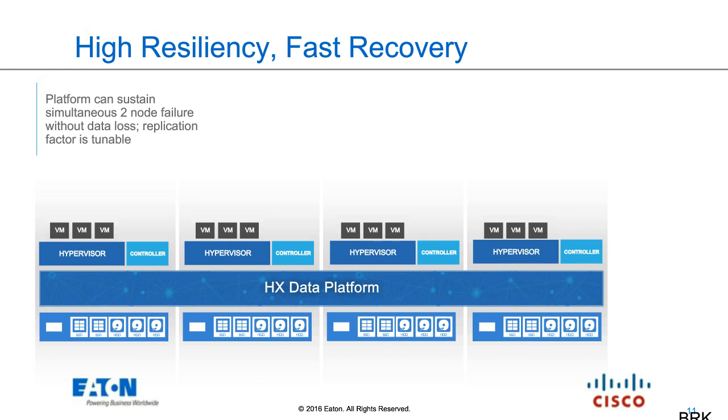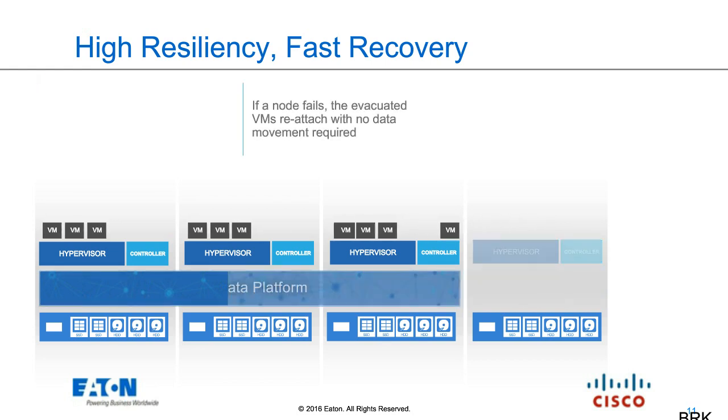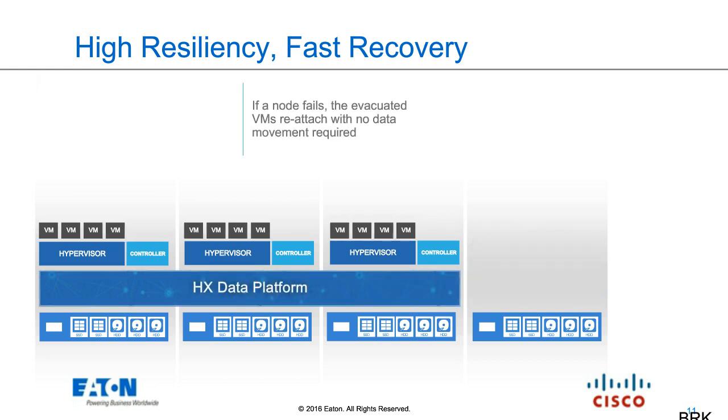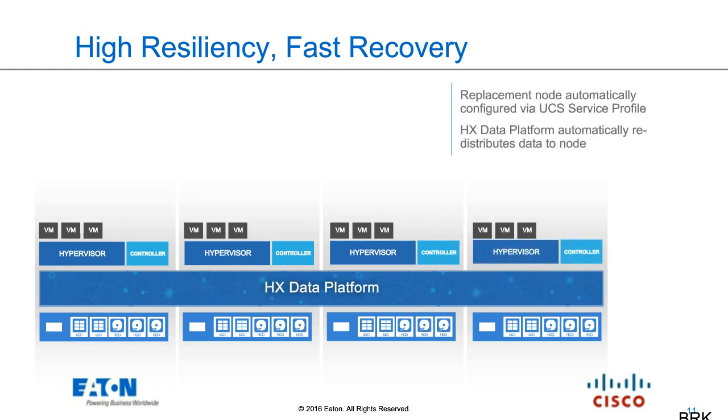All of those faults can be dealt with very, very easily. If a complete node fails, you just move the evacuated VMs, reattach them, no data movement required. You can then rebalance without that, or you can bring in a new node and rebalance across all of the systems automatically.